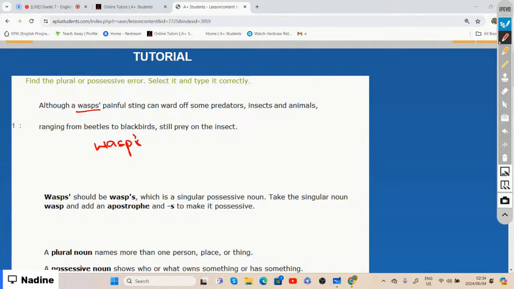It is a singular possessive noun. So that is how we're supposed to have written wasp's.